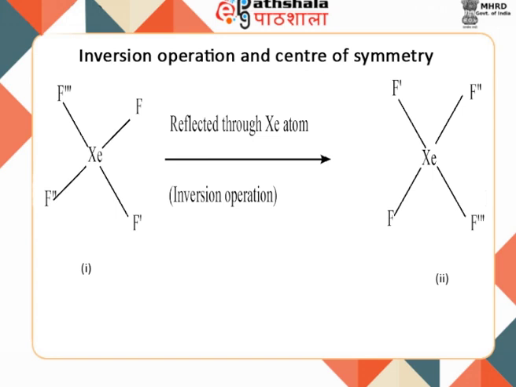First and two are indistinguishable orientations, and thus Xe atom of XeF4 molecule is center of symmetry. Both inversion operation and center of symmetry are denoted by the symbol I.